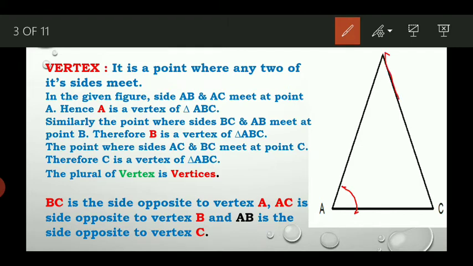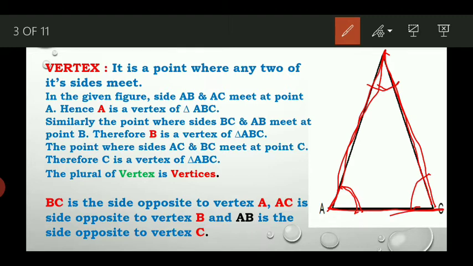This one. Opposite to this angle, side BC is the opposite side. Similarly, opposite of angle C is AB and opposite of angle B is AC.